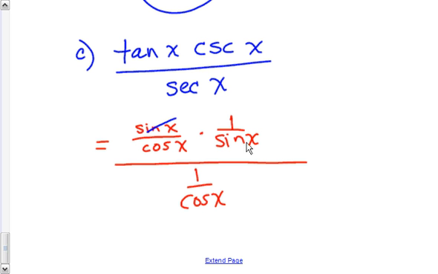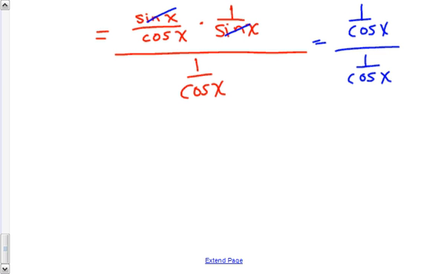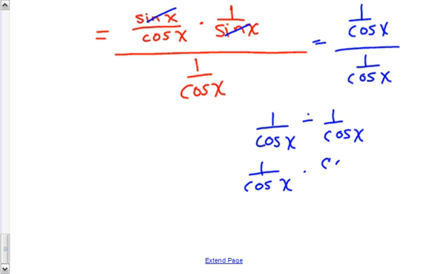They cancel. What do you get? 1 over cosine over 1 over cosine. How do I write that? Right, 1 over cosine divided by 1 over cosine. I have to put it as 1 over cosine of x times cosine of x over 1. They cancel, which means the answer is 1. Very good.